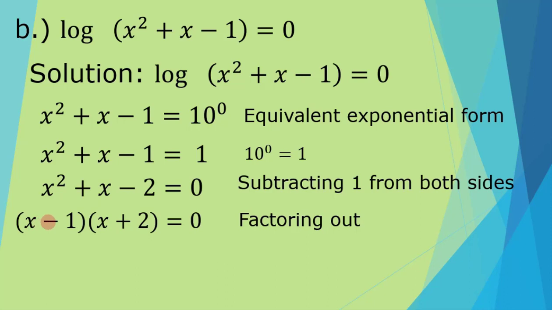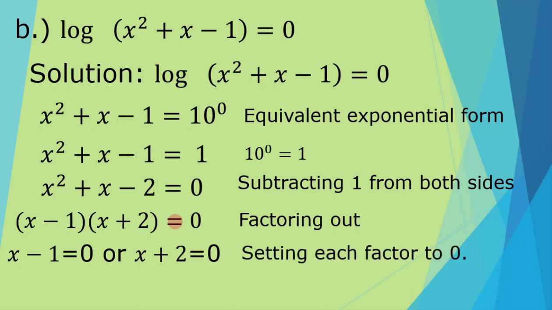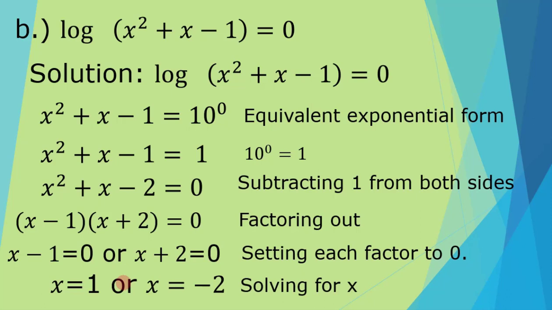So x minus 1 times quantity x plus 2 equals 0. Solving for x, we set each factor, x minus 1 equal to 0 or x plus 2 equals 0. Then we found out that x is equal to 1 or x is equal to negative 2.